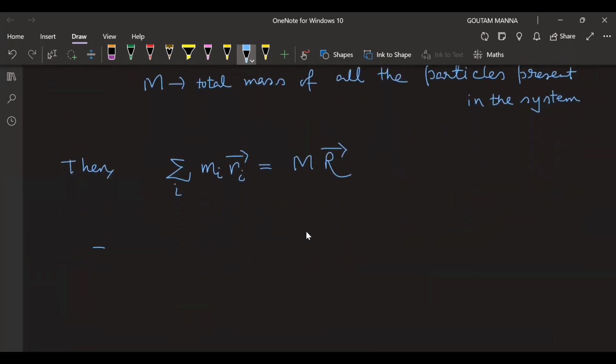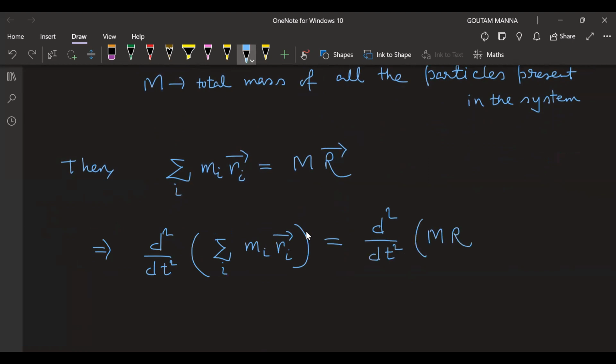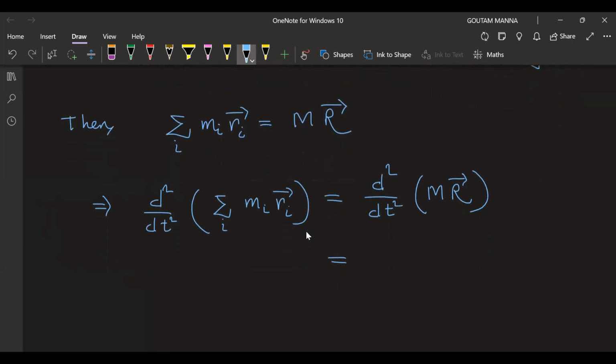Then the double derivative of mi Ri is equal to the double derivative of capital M R. Now again we will consider that the total mass is not changing with time.